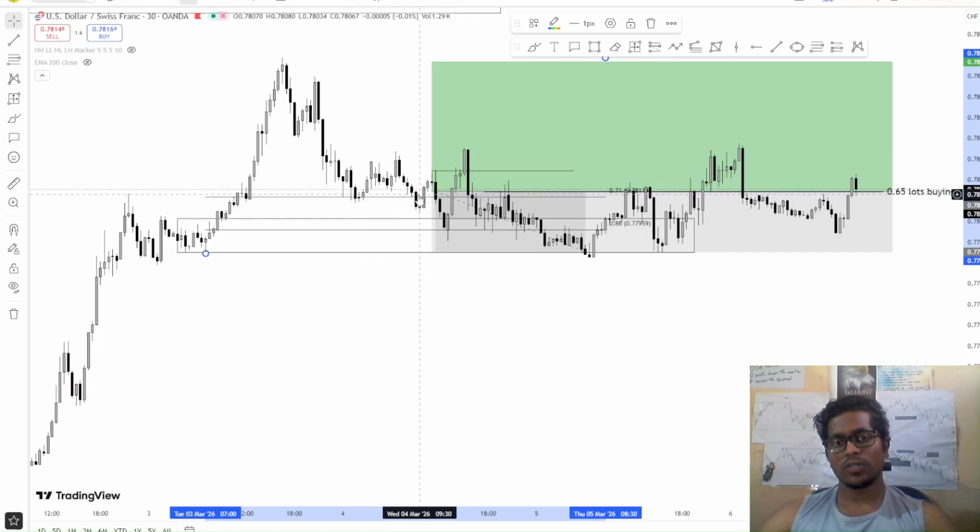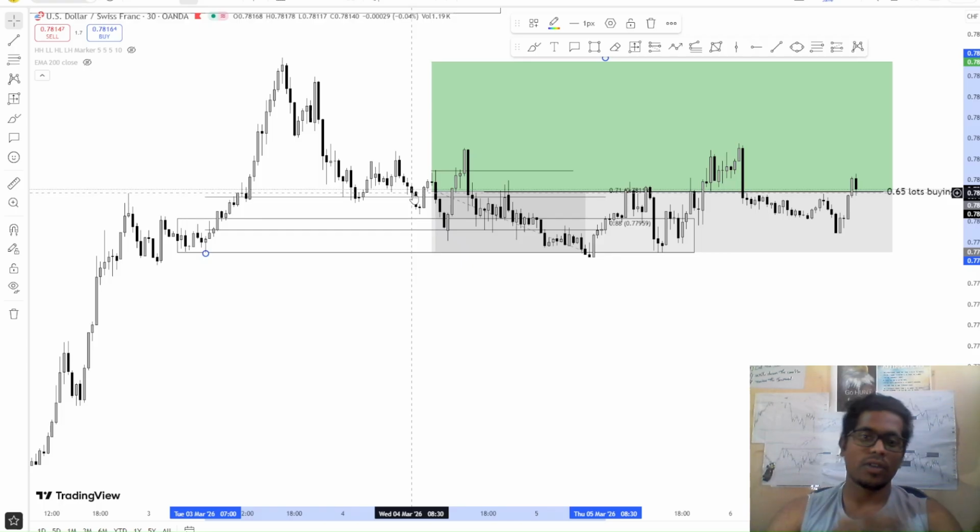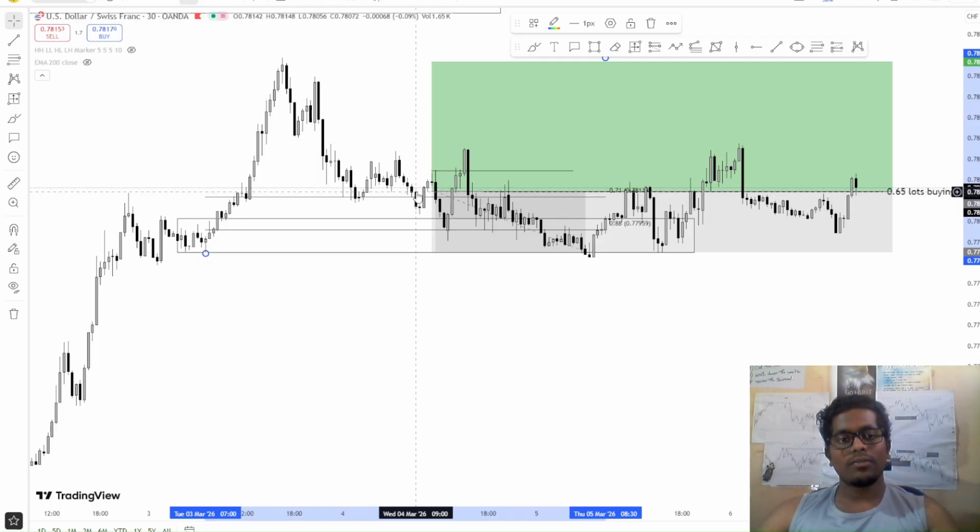I was just waiting for the market to come inside the discount level. Once it comes to a discount level, we can execute our plans. This is what I planned. So when it came to the level of 0.88 or 0.71, I entered here and took a risk of 2.5 percent.